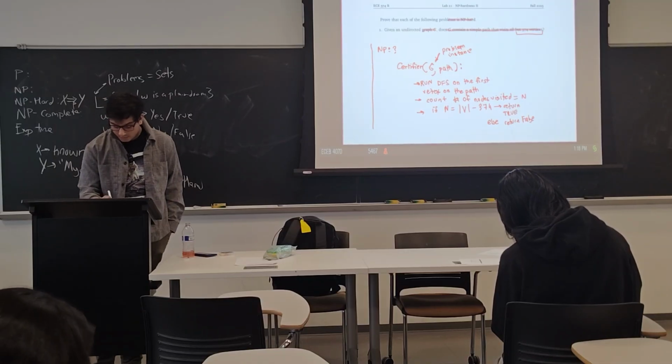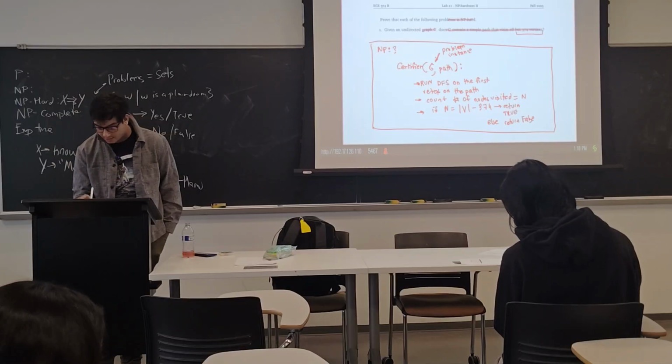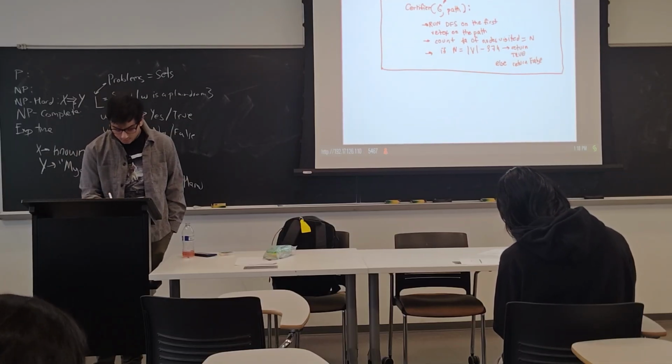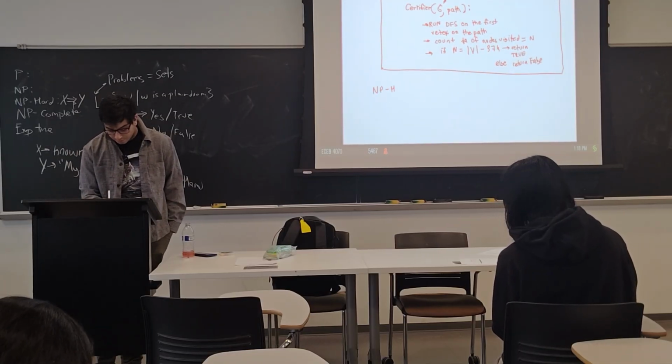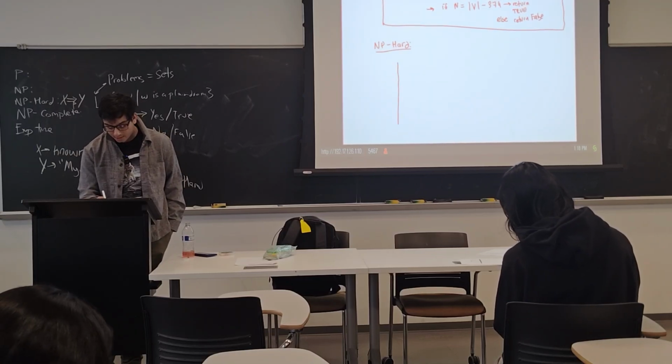So this is proving that it's in NP, but that's not what we're asked to prove. We're asked to prove that it's NP hard. So to prove that a problem is NP hard, we reduce from a known NP hard problem.